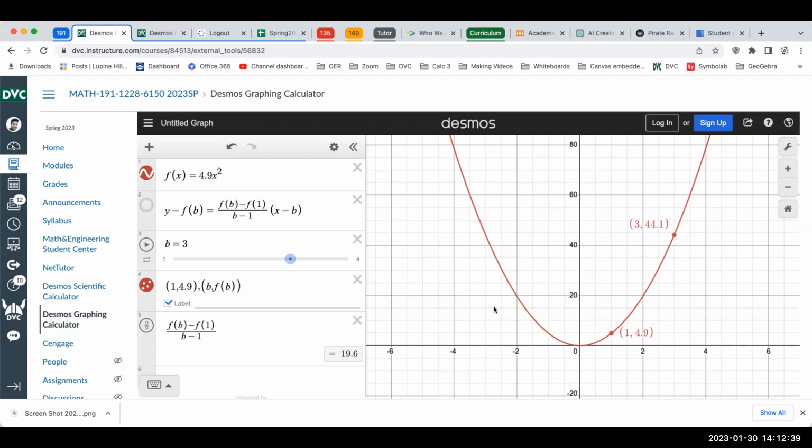If I asked you to find the slope of the line connecting those 2 points, you would do it the same way that we did it right here. You would do the change in the y coordinates over the change in the x coordinates. And it would literally give you the same computational answer as 19.6.